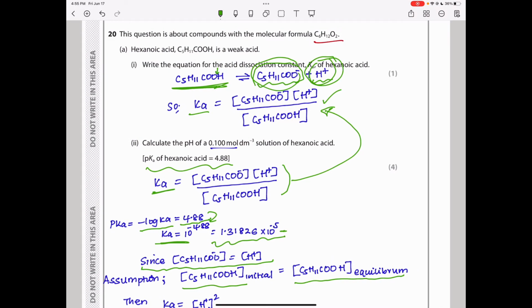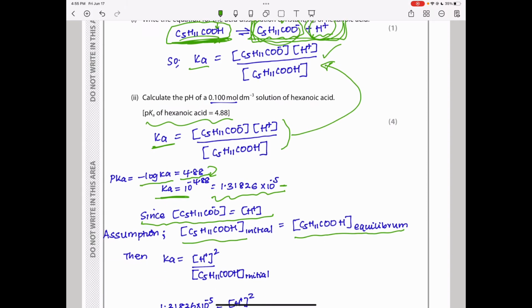In this equation, because this dissociates in a really low level, we assume that the concentration of this initially is going to be equal to the concentration of this after the dissociation of these two has occurred, or after these two have been produced. And even after the production of this, the concentration of that and the concentration of that are going to be exactly the same.